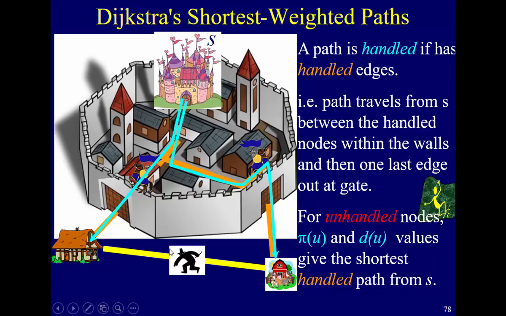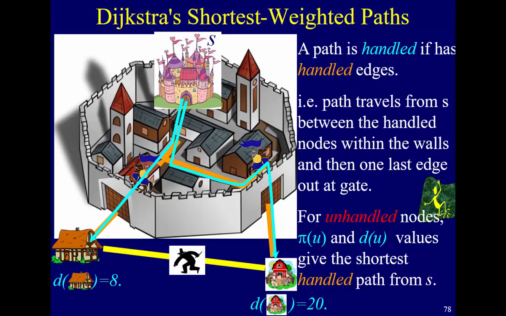We've never looked at the edge, so our answer won't talk about that edge. What we have is, for each unhandled node, we know the best handled path to it. So of the paths that start at S, go through the city, and then take one last edge, of those, we know the best path. And for them, we know the length of this best path and the pi, how to trace it back.